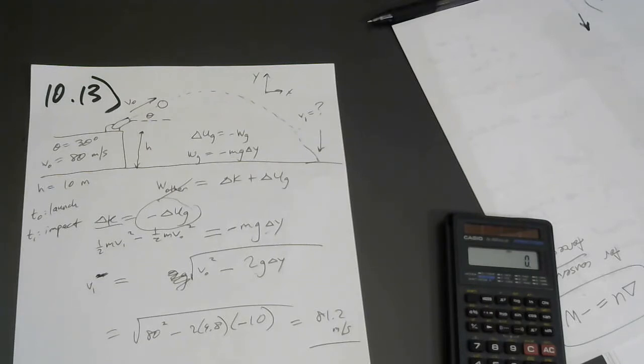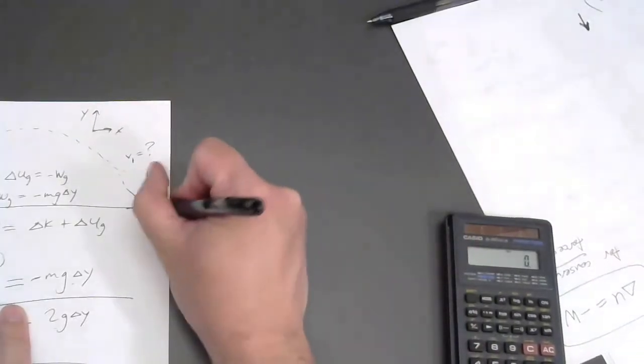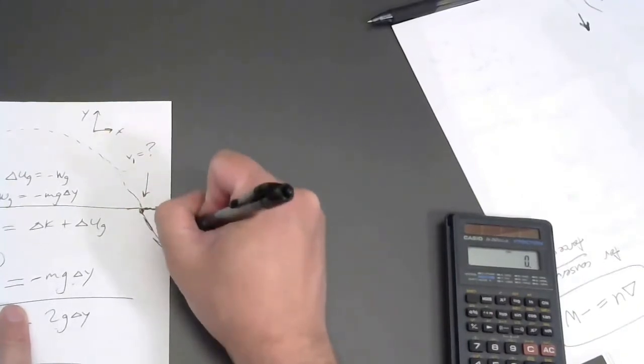F equals ma is not really necessary because remember, we started this class talking about projectile motion before introducing F equals ma. We just assumed that the acceleration was 9.8 straight down. But still, you'd have to apply your kinematic equations along 2 axes in order to get the final component. So your final velocity vector looks like that, and it's got x component and y component.